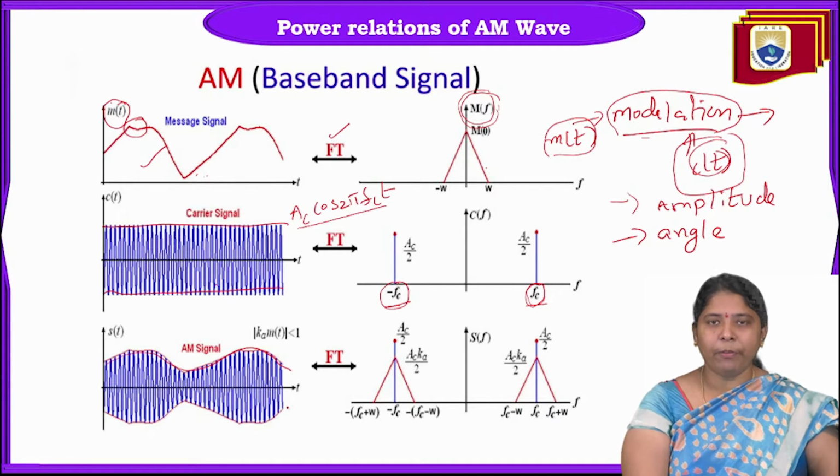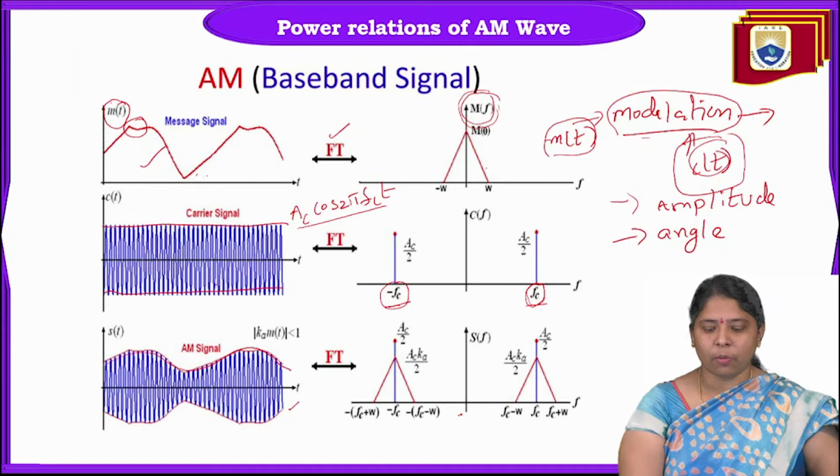This is the AM wave in time domain and the AM wave in frequency domain. After modulation, the spectrum of the message signal shifts to the carrier frequency. The message signal originally present at the lower frequency from 0 to W contains the information, but after modulation it shifts to the carrier frequency.